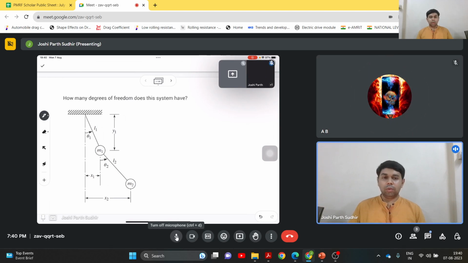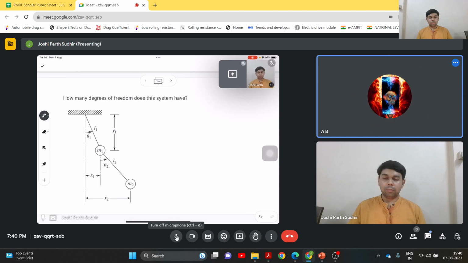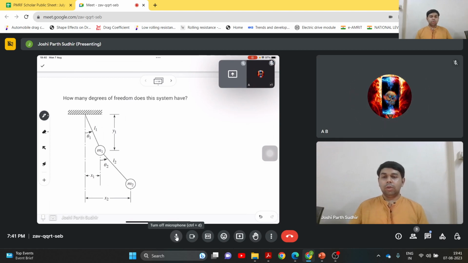So do you know what is the definition of degrees of freedom? It is the number which represents the movement of any object and in how many directions it can move. Okay, right.